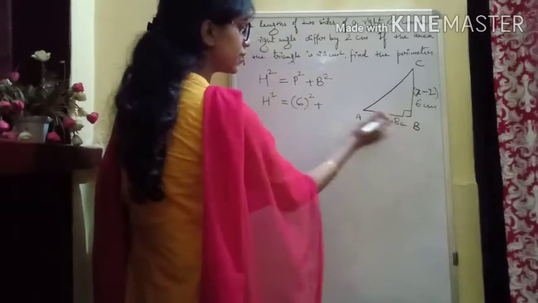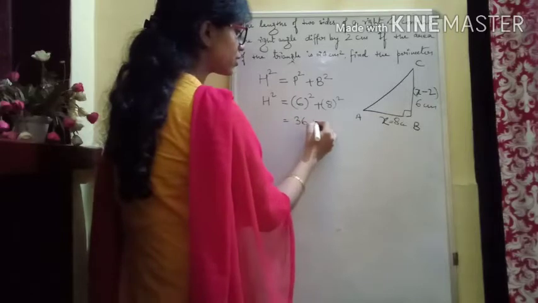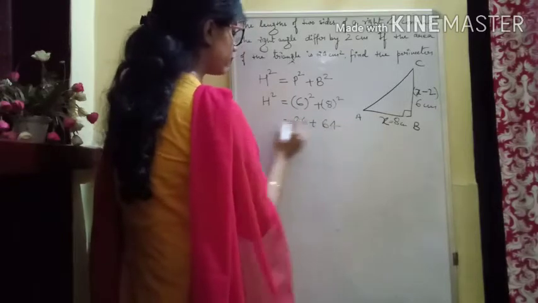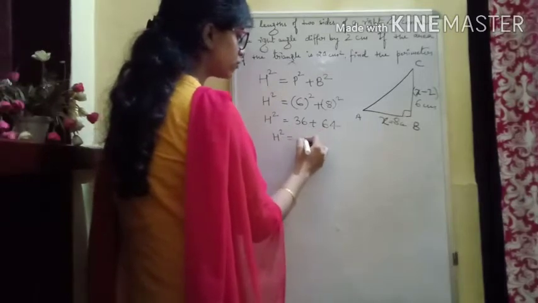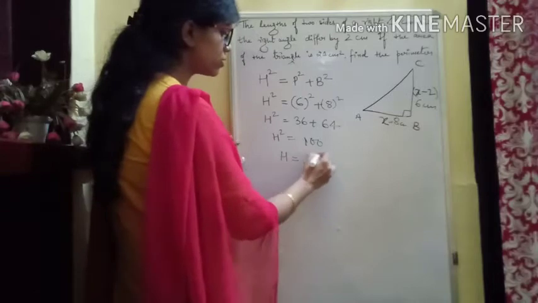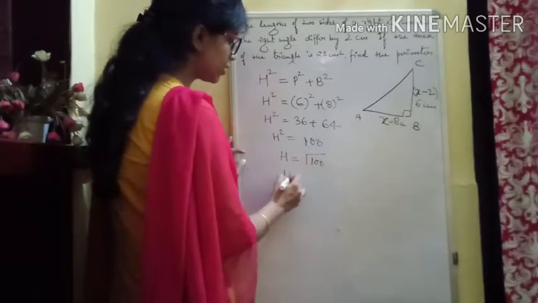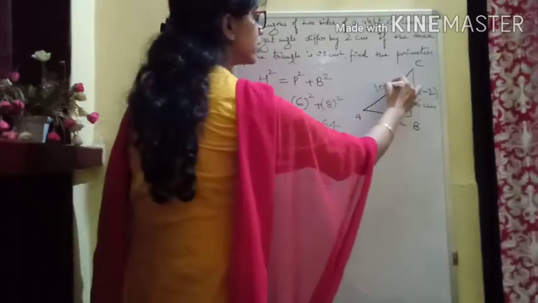What is your base? 8 and the square of it. 6 square is 36, 8 square is 64. This is hypotenuse square, this will give you 100. Now to simplify this further, we take the square root of 100 and then hypotenuse will come 10, in fact 10 centimeter.